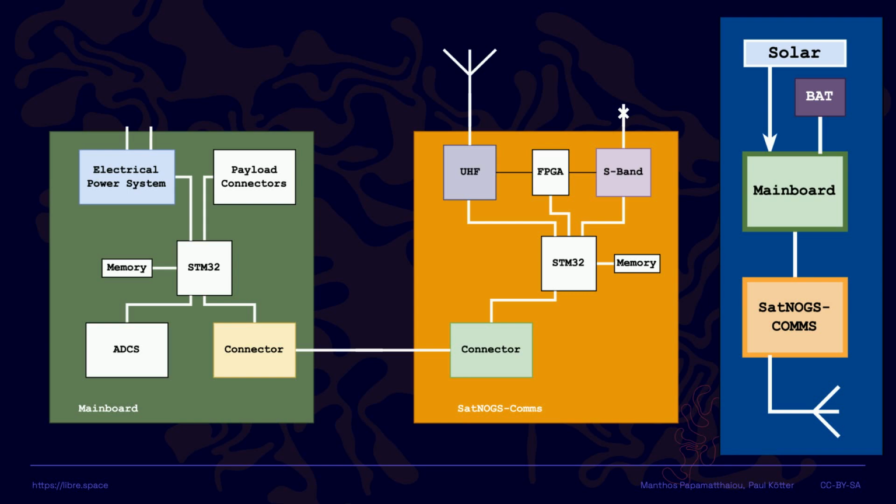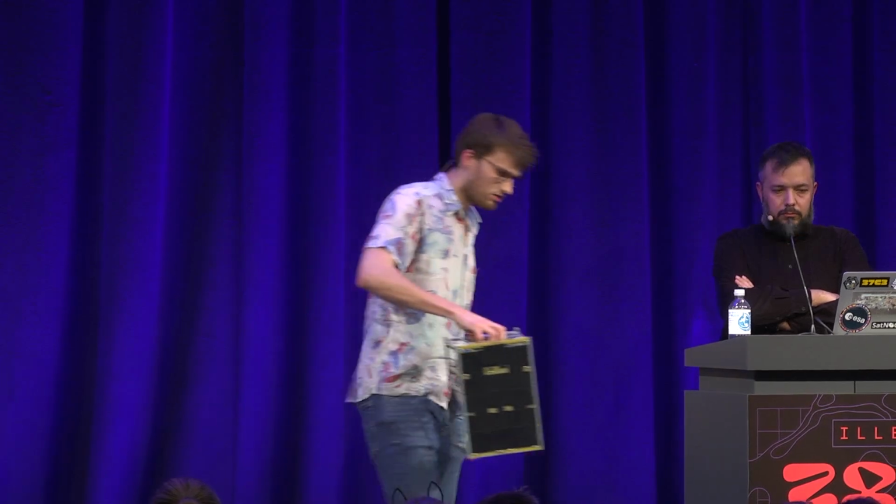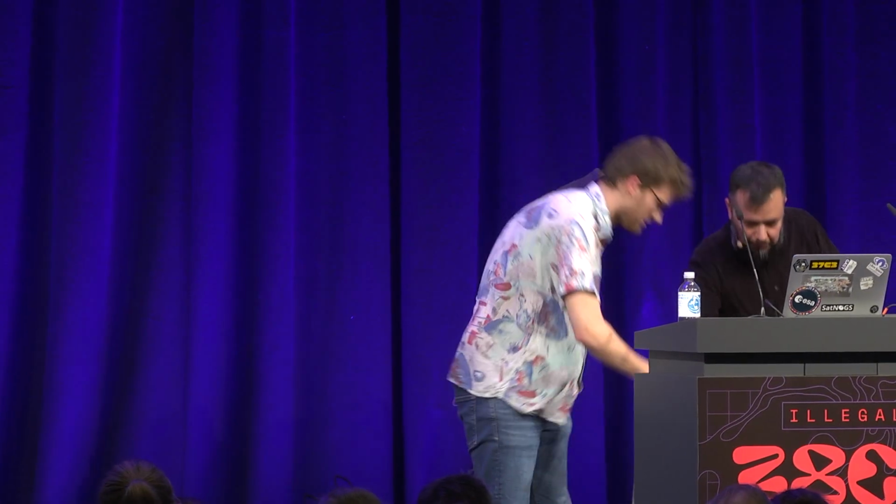The main board integrates a lot of the functionality that a satellite needs to have. On one hand, the attitude determination and control system. This is a system that can measure how the satellite is oriented in space, so whether it's like this or like this maybe. And it can also influence that by behaving like a magnet, like a compass basically.